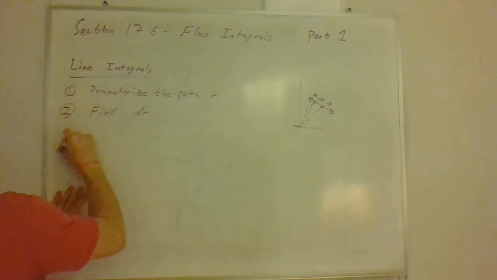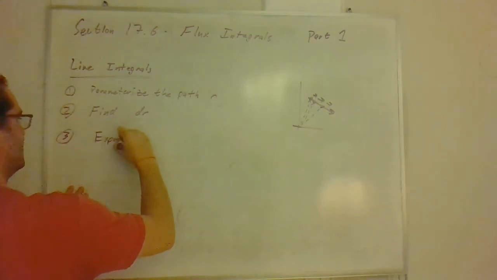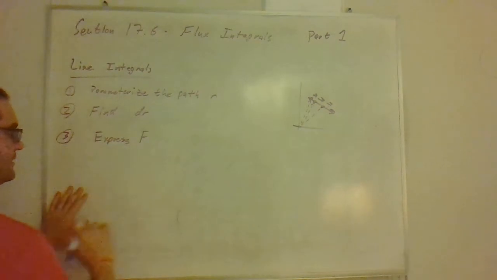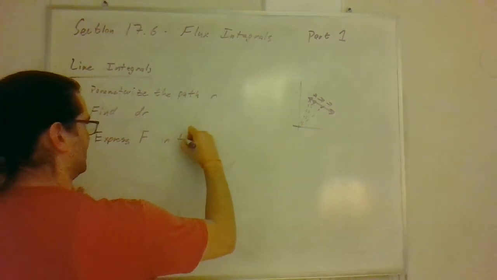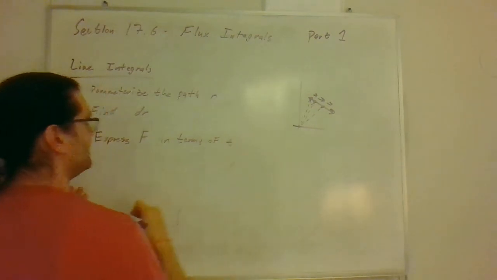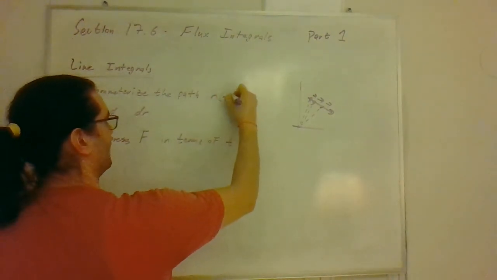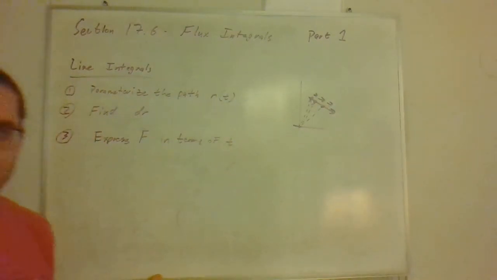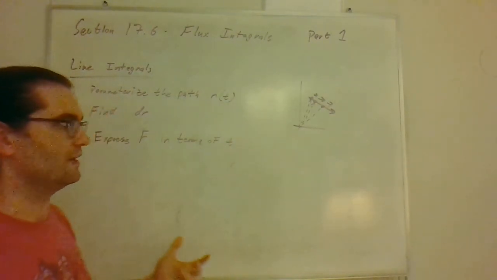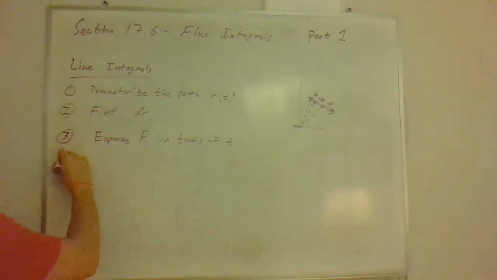Step 3 is we're going to express f, the vector field, in terms of t. So I should say this is R of t. T is the independent variable in this parametric thing. We usually use t there.